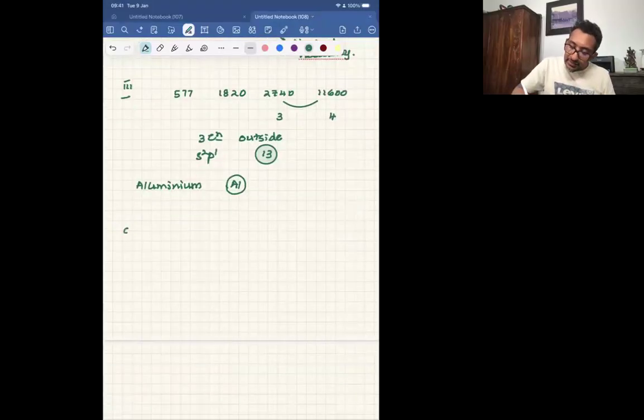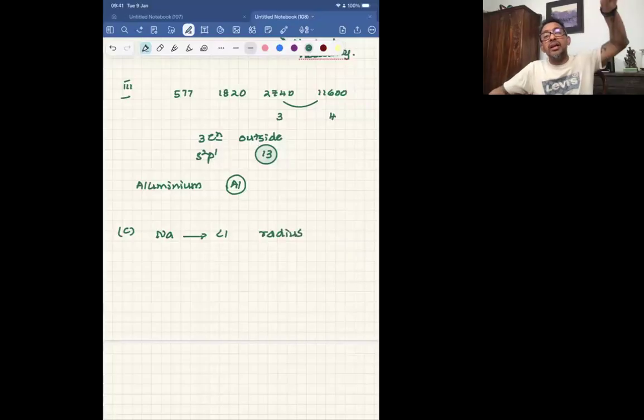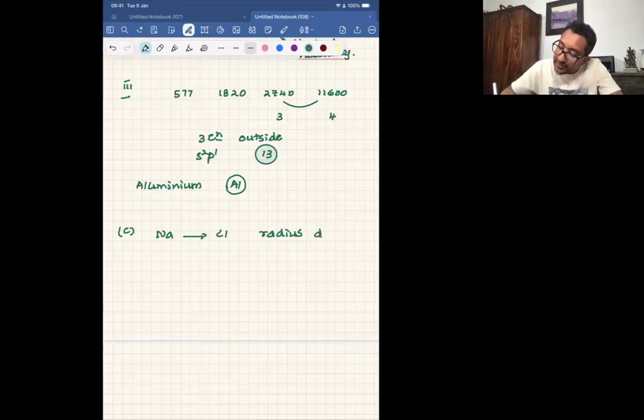Then part C says, state and explain the trend in atomic radius in the periodic table element from sodium to chlorine. What is the trend in radius? It will gradually decrease, isn't it? Radius decreases.